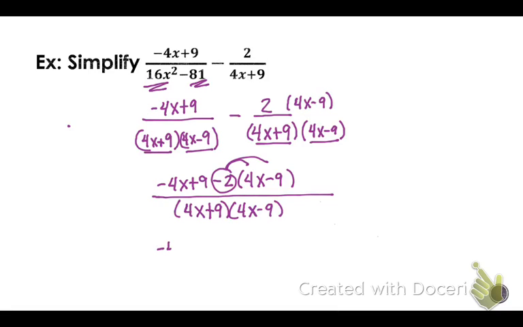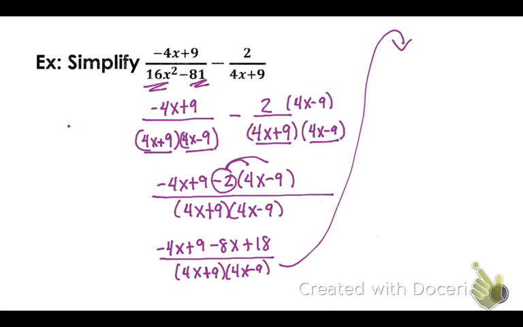So the numerator becomes negative 4x plus 9 minus 8x plus 18 all over 4x plus 9 times 4x minus 9. Let's clean this up, combine our like terms, and simplify the numerator. I have negative 12x plus 27 over 4x plus 9 times 4x minus 9.